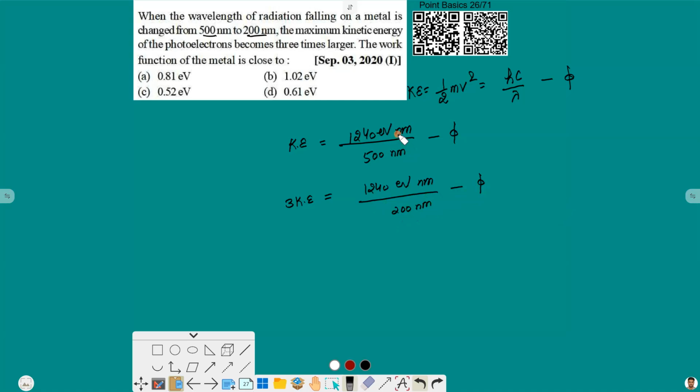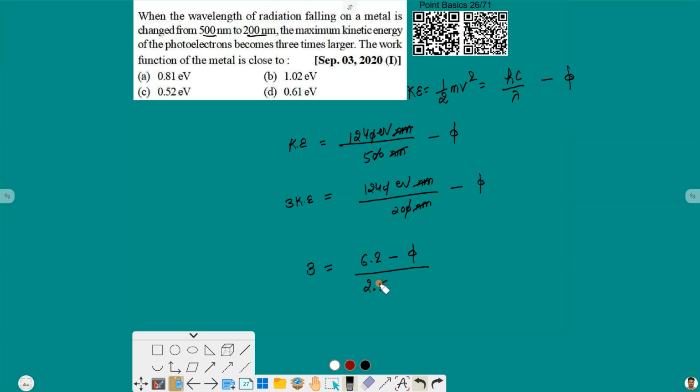Now nanometer on both sides gets cancelled, this 0 gets cancelled on both sides, and if we divide both of these, what we will get? We will get 3 times (2.48 minus phi) is equal to 6.2 minus phi.